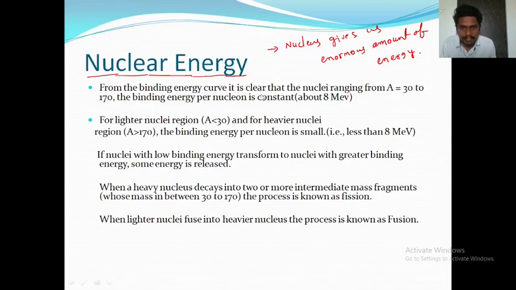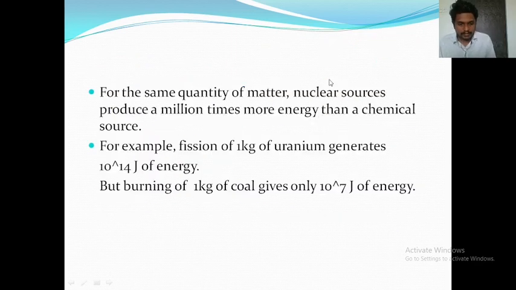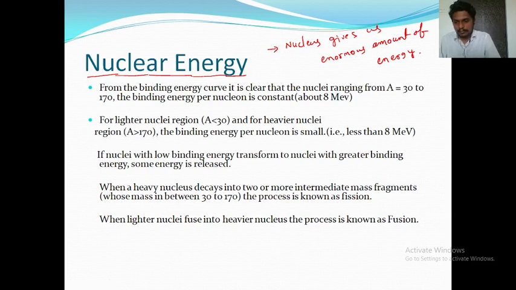You can see the picture here once again. From the binding energy curve, it is clear that for nuclei ranging from 30 to 170, the binding energy per nucleon is almost constant, around 8 mega electron volts. Nuclei whose mass number is less than 30 are known as lighter nuclei, and those whose mass number is greater than 170 are known as heavier nuclei.